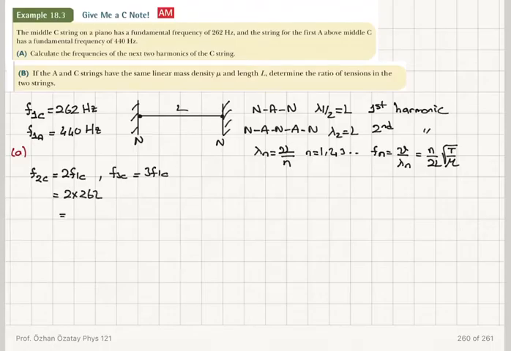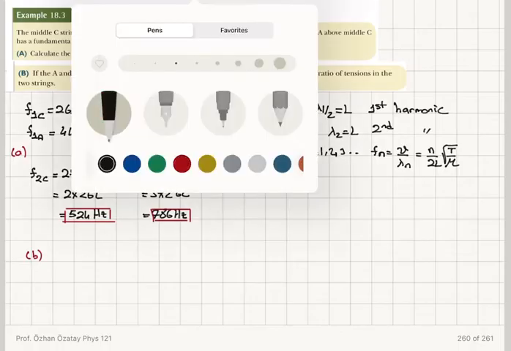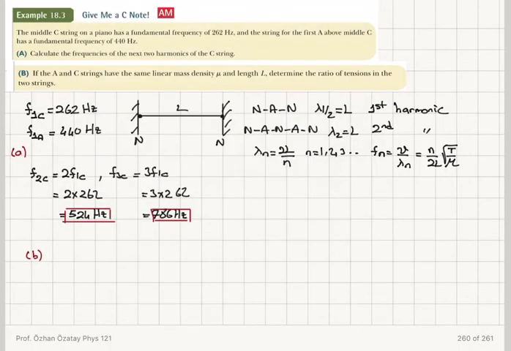So this is going to be 2 times 262, which is 524 Hertz. And this is 3 times 262, which is 786 Hertz. So this will be my answer to part A: 524 and 786 Hertz.